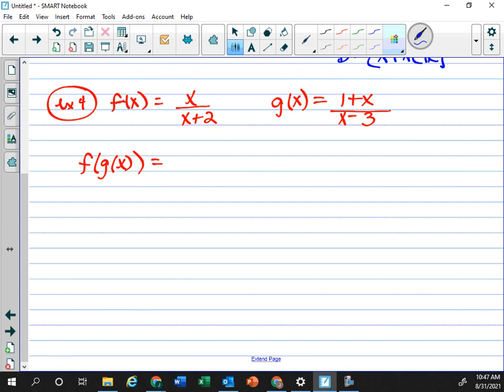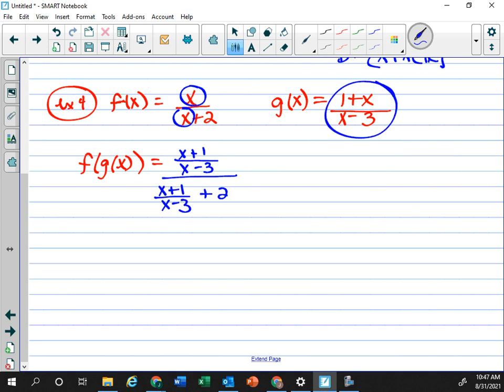And if you want to write it x plus 1 instead of 1 plus x, you can certainly do that. So I'm going to do that, plus x over x minus 3, and then over, plus 2. So each of these x's gets replaced with this entire thing. Okay, that's where you have to start.